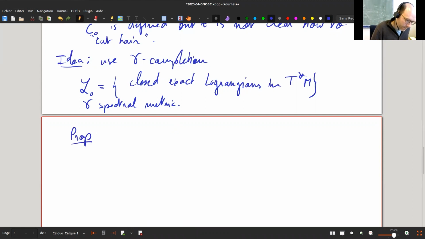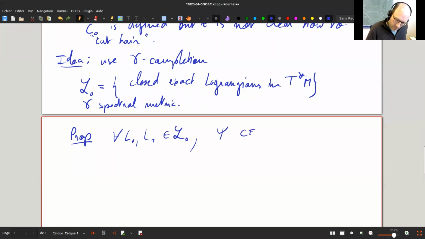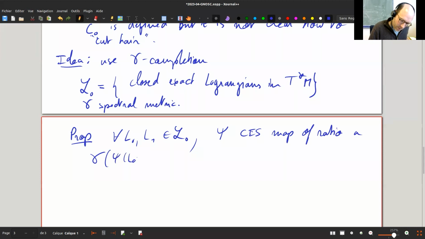The proposition is that if I take L0, L1 to be two exact Lagrangians, and I take psi to be a CES map of ratio A, then gamma of psi of L0, psi of L1 is A times gamma of L0, L1.